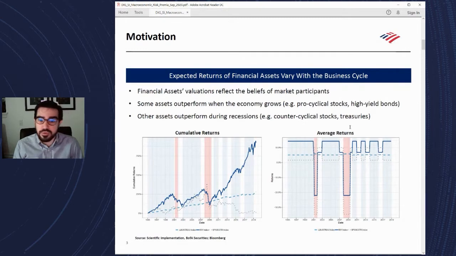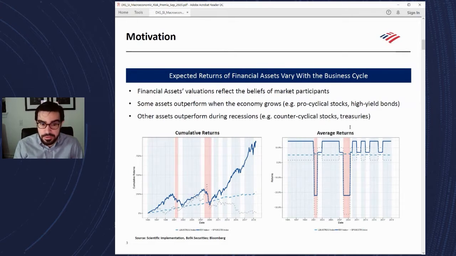One main observation is that expected returns of financial assets do indeed vary with the business cycle. And we see that some assets tend to outperform when the economy is doing well. Those are called pro-cyclical assets. And other assets tend to outperform during recessions.